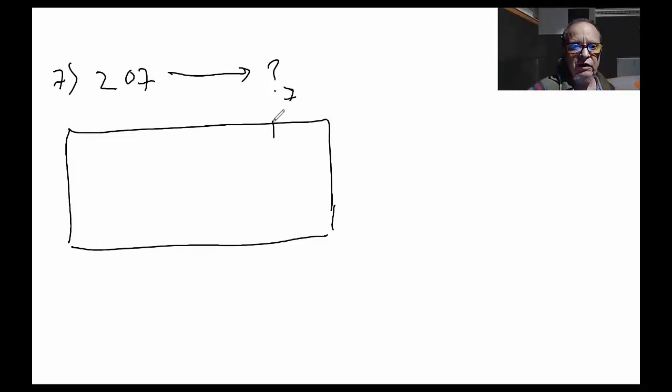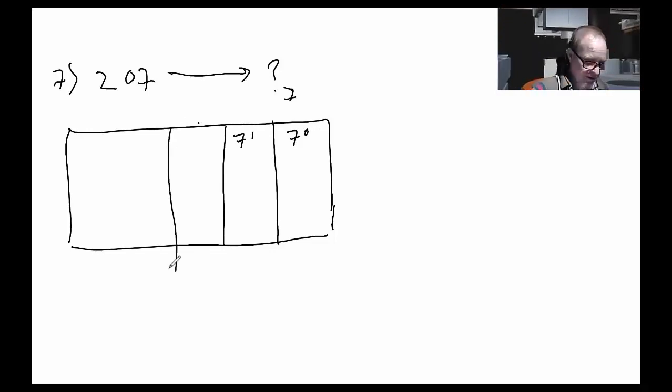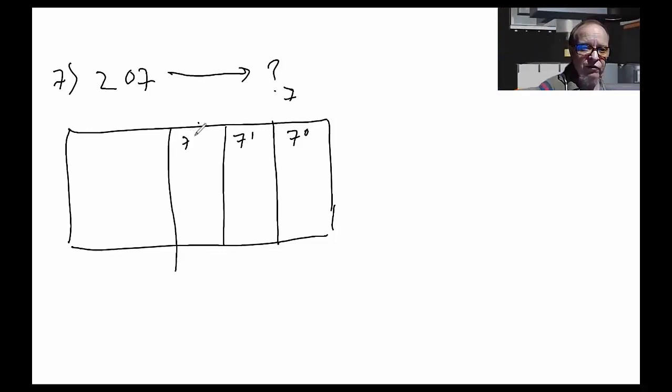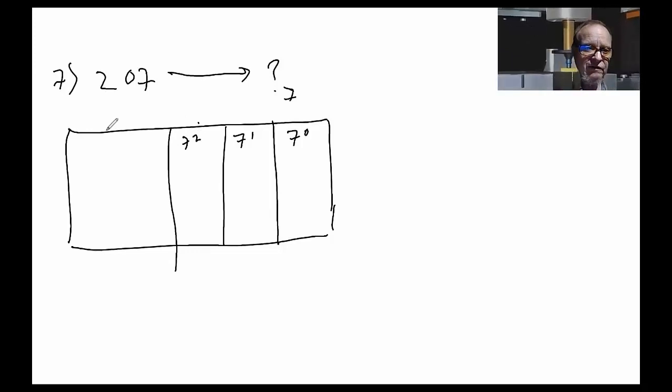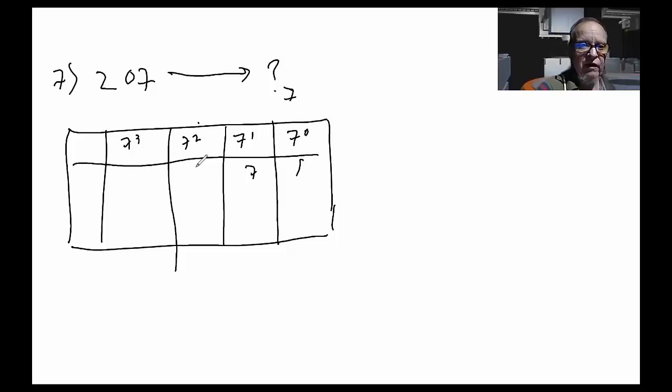So we're going to have 7 to the 0, 7 to the 1, which is 7. Then we have 7 squared, 7 cubed, etc. Now it turns out, because 7 to the 0 is 1, 7 to the 1 is 7, 7 squared is 49.